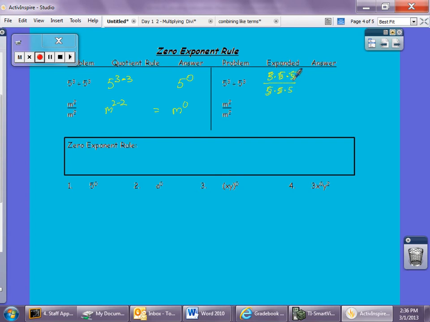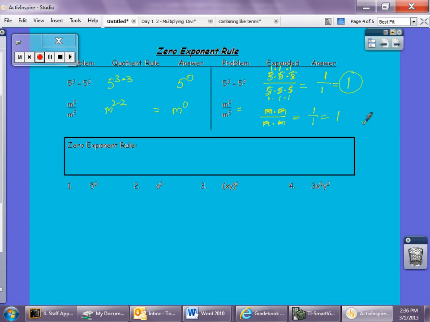All of the 5's cross off, but remember we're left with 1 times 1 times 1, which is 1, over 1 times 1 times 1, which is 1. Well, 1 over 1 is just 1. The same thing here: this is m times m over m times m. These all cross off, so we're left with 1 over 1, which is 1.